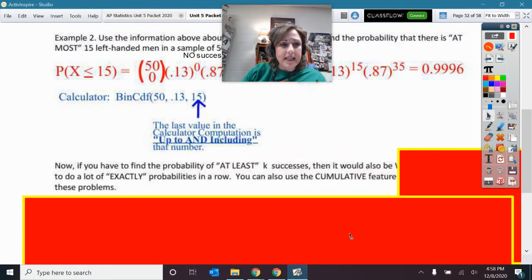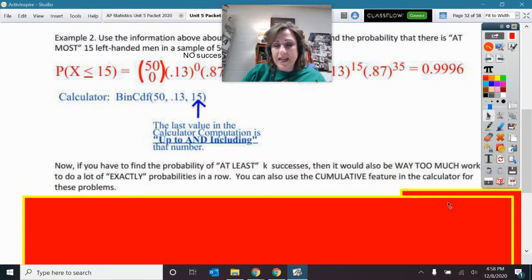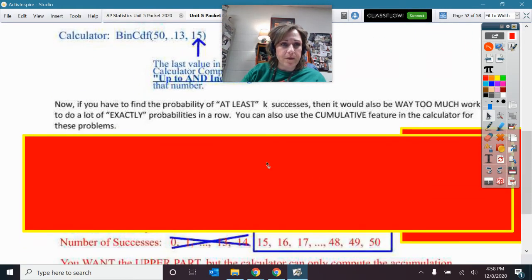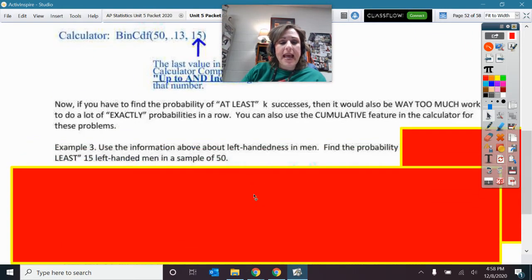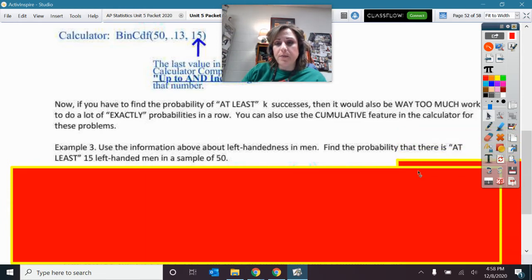So let's see what we got next. Let's do at least. All right, so here we go. Say I want to find the probability that there is at least 15 left-handed men in that sample of 50. Okay, so let's think at least. So at least 15.